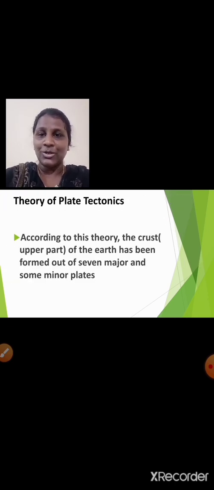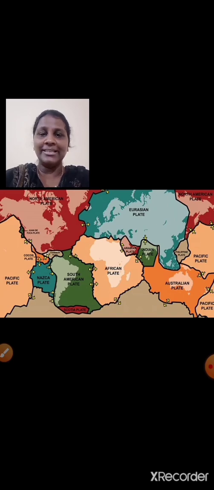According to this theory, the crust, that is the upper part of the earth, has been formed out of 7 major and some minor plates. Here you can see the images of the major and the minor plates.